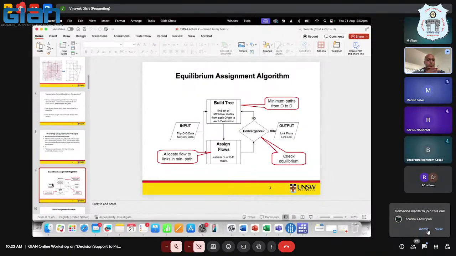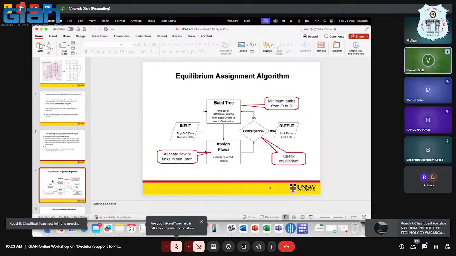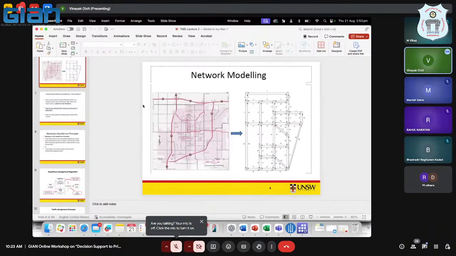All right. So then we have the concept of equilibrium assignment. I'll give you an intuition behind it, and I already gave some intuition. The idea being that first you assign everyone to the shortest path. Then you find the shortest path after you do that.